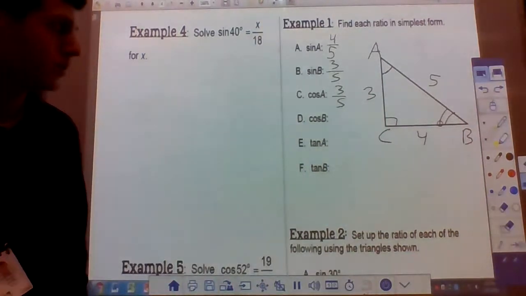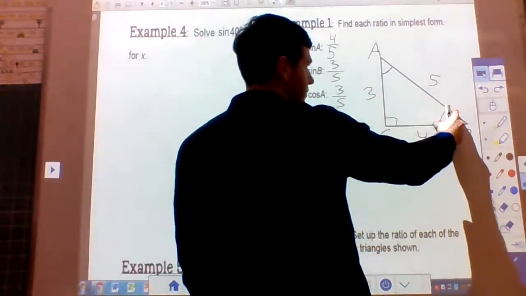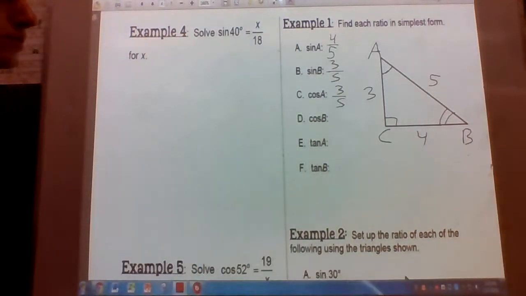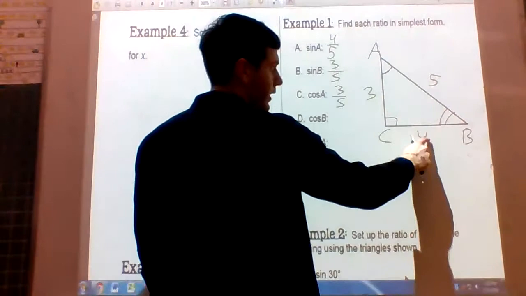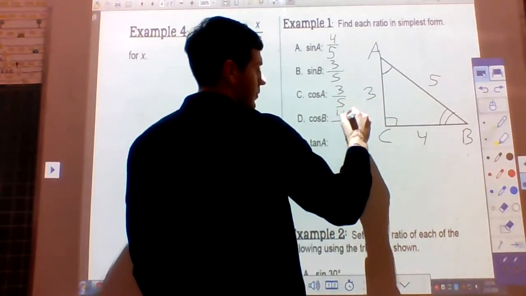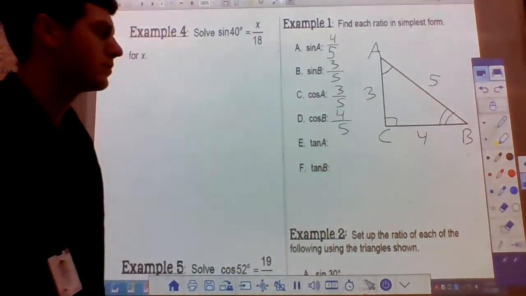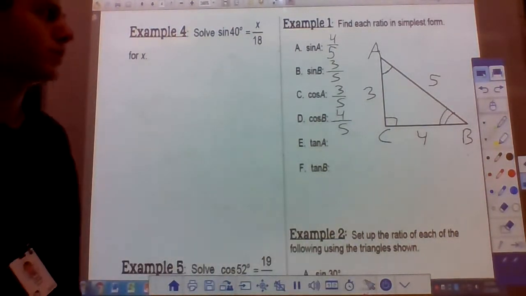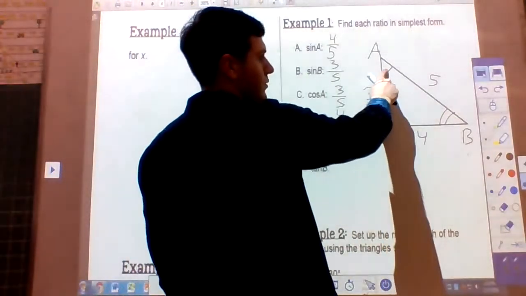Cosine of B, so here's angle B. Cosine is the adjacent leg over the hypotenuse. So again, here are our two legs and here's the hypotenuse. The adjacent leg is 4 and the hypotenuse is 5. Tangent of A. So we want to look at A. Tangent is opposite over adjacent.